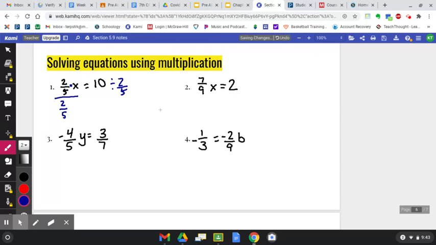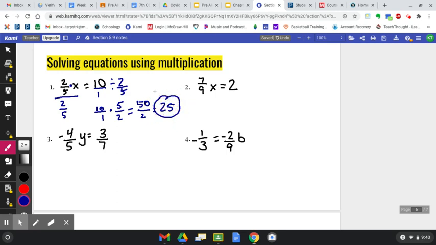But if you remember, when we divide by a fraction, we leave the first fraction the same and we flip the second fraction to multiply. So if we look here, 10 times 5 is 50. 1 times 2 is 2, so we would get 25 for our value here.